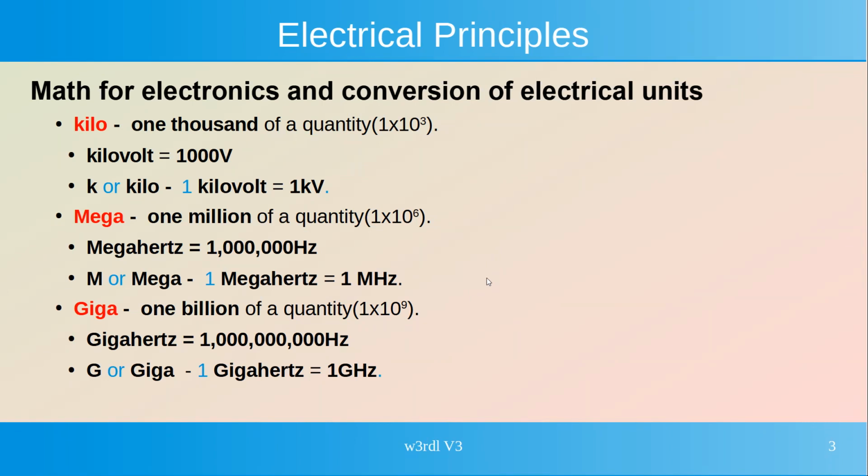Like in your computer storage, we're up into terabytes now. Terahertz would be ultra high frequency, but you're probably not going to be doing terahertz stuff in the near future.